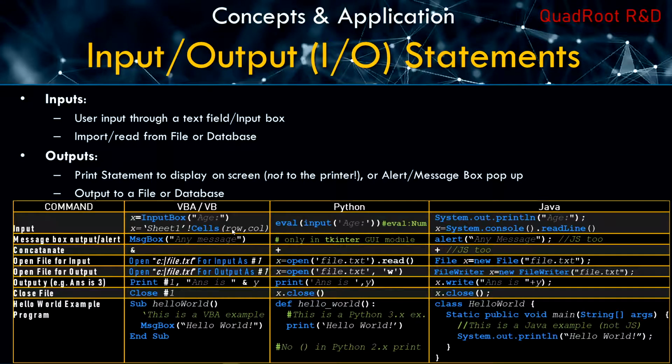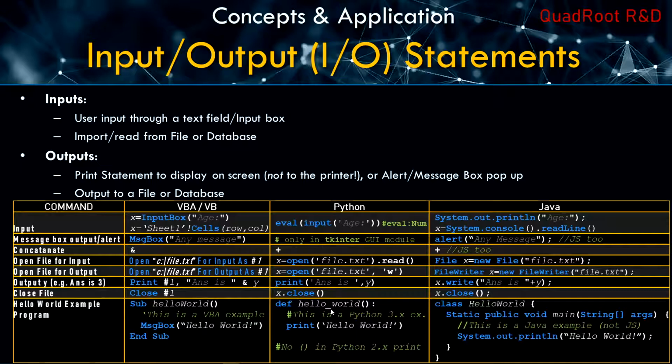Here we are using the cell reference as an input, but we could also output by shifting this to the left hand side, and then on the right hand side saying what we want to output. So we can say Sheet1.Cells(1,1) equal to hello world in double quotes, and then we end the program. But it's important to know how to output.